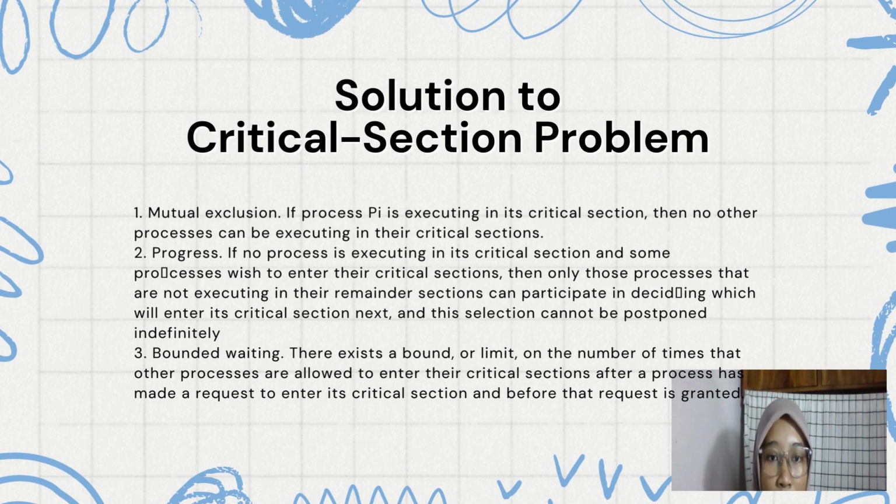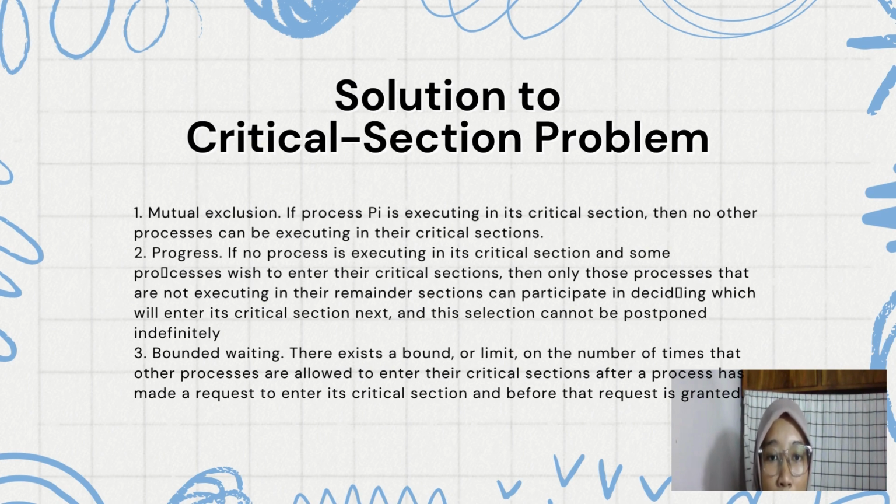If no process is executing in its critical section and some processes wish to enter their critical section, then only those processes that are not executing in their remainder section can participate in deciding which will enter its critical section next, and this selection cannot be postponed indefinitely.